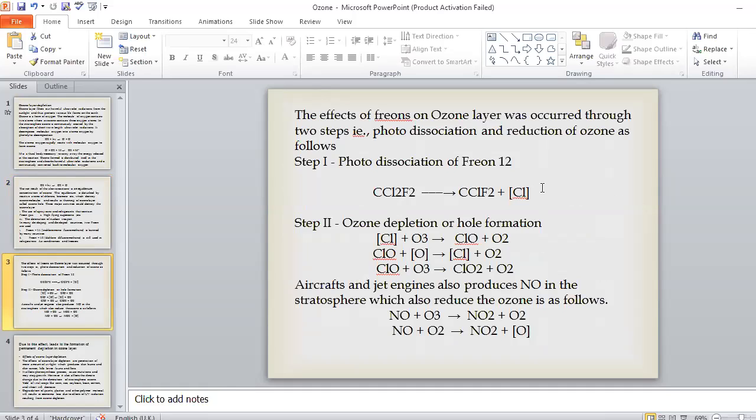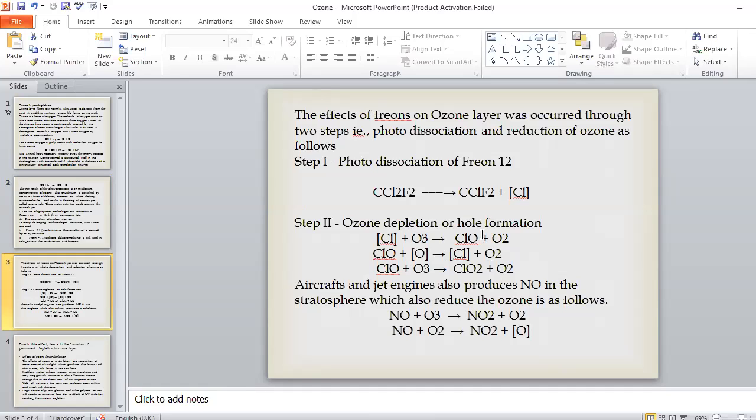This nascent chlorine atom reacts with the ozone and forms a chlorooxy compound. The chlorooxy compound breaks down, and only molecular oxygen is present in the atmosphere. So this leads to the formation of molecular oxygen instead of ozone. Due to that, the depletion of the layer occurs.